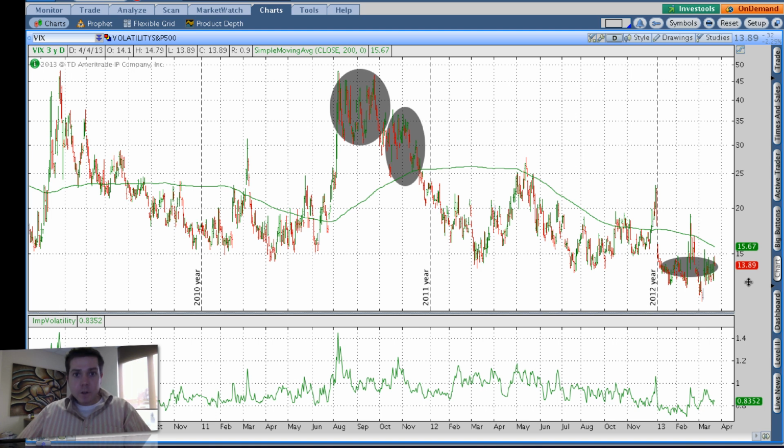Now in part 7, I'm going to show you how to scan to find these specific stocks in the same way that I found JCP, BBRY, and CLF using this scanning tool, and then applying my criteria once I found those few candidates via the scanning method. But that's going to happen in part 7.